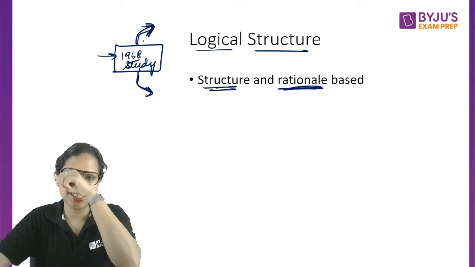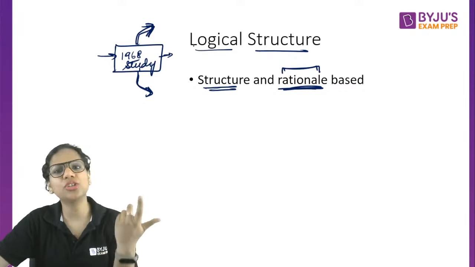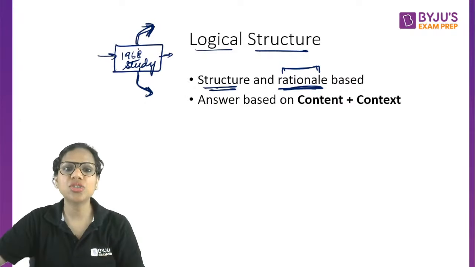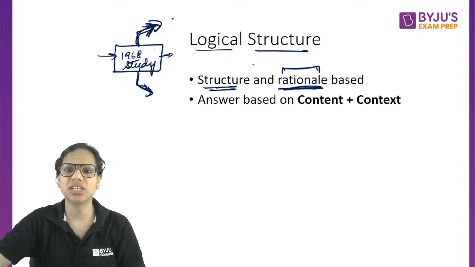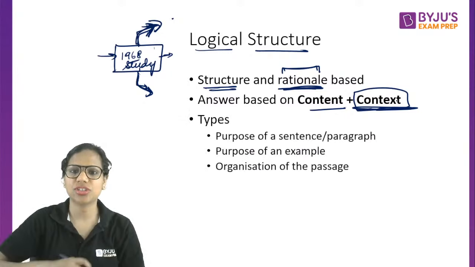The author mentioned this study, but what was going on in his or her mind? What was his or her rationale behind talking about this study? It wouldn't have been random, right? So the answer is based on not just what this study mentioned, but also on why. So the context. Why did we introduce this discussion of this study? So content plus context. That is very important in a logical structure question.